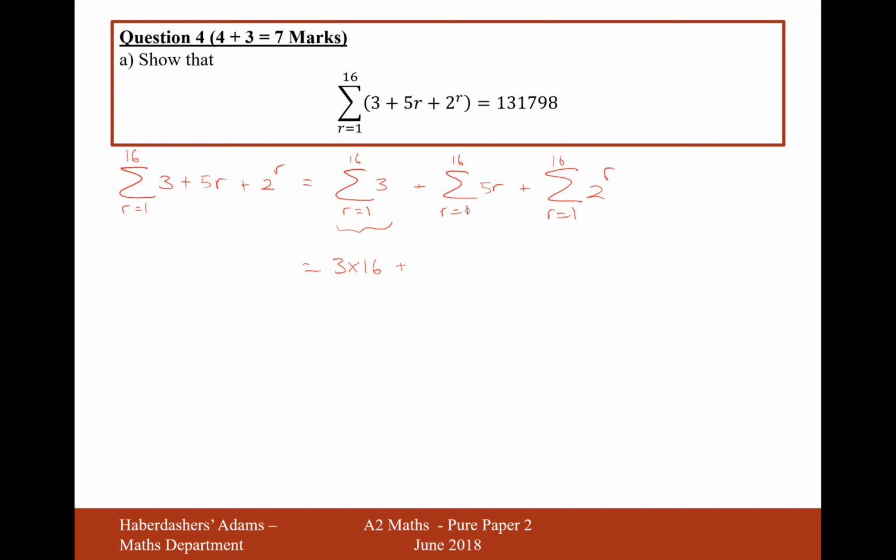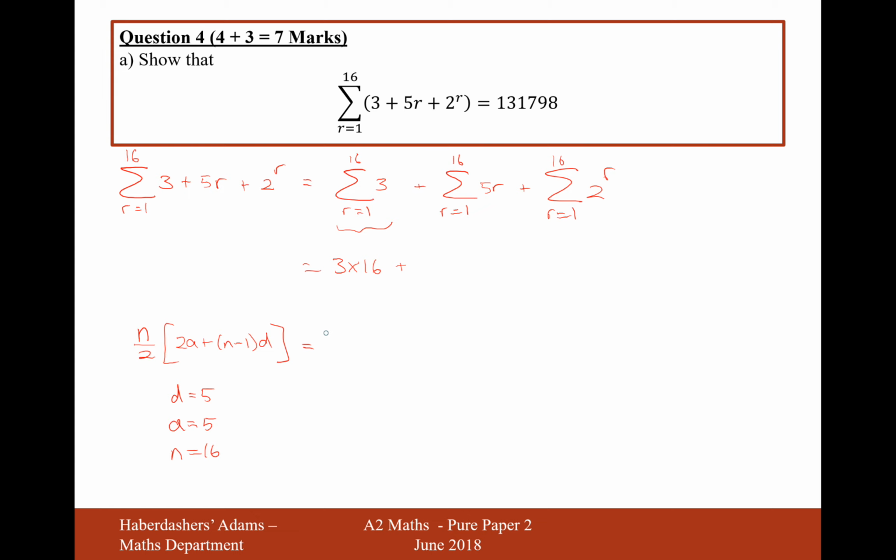Now the next one is adding up the multiples of 5 from 1 to 16, so 5, 10, 15, 20, all the way up to 80. And another way of doing that is to use the arithmetic progression formula: n over 2 brackets 2a plus (n minus 1) lots of d. The difference between the terms is 5 each time. The starting value is 5, and we have 16 terms.